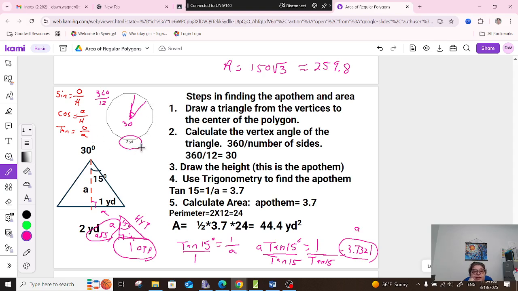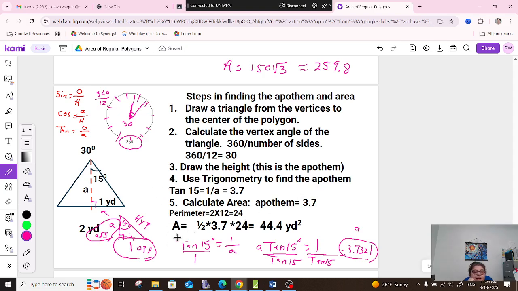How many do we have? 1, 2, 3, 4, 5, 6, 7, 8, 9, 10, 11, 12. So 2 times 12 equals 24. That's perimeter, right?